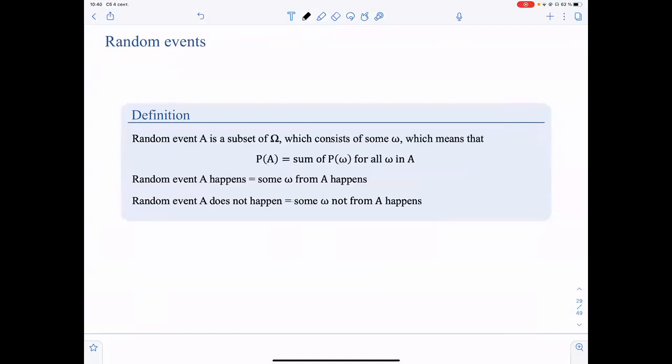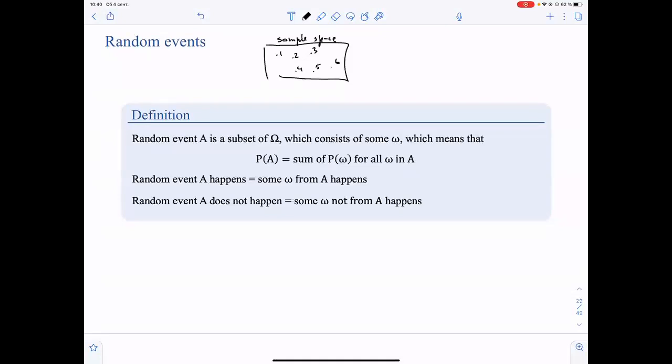If you recall the picture I was drawing 5 slides ago, your sample space collects the elementary outcomes, and the elementary outcomes are those outcomes that never intersect.